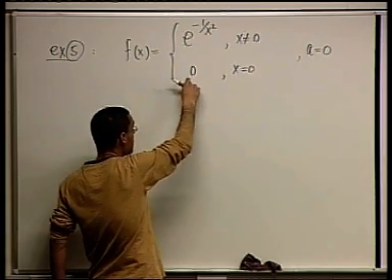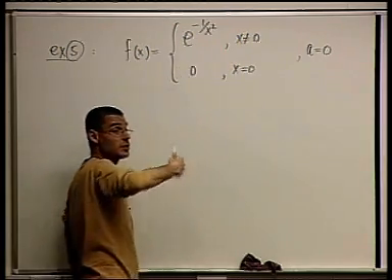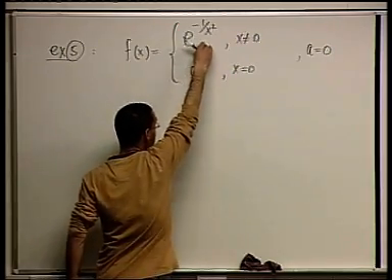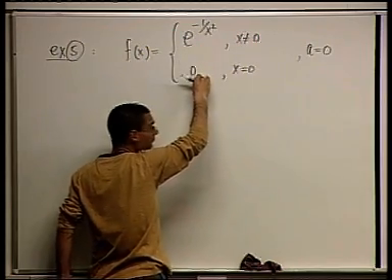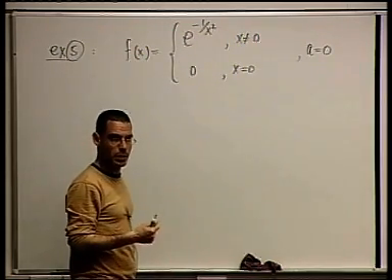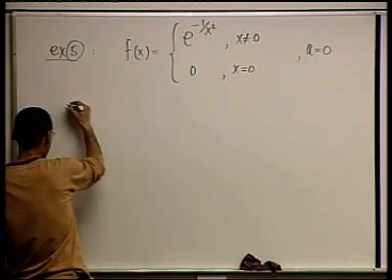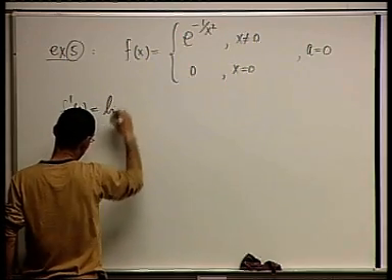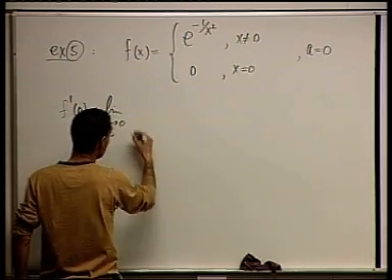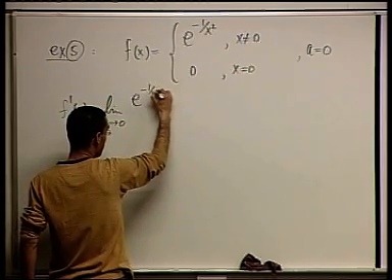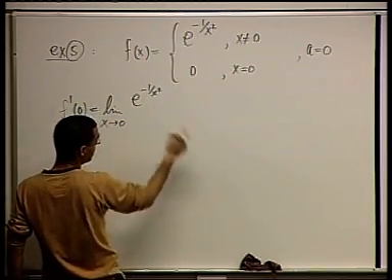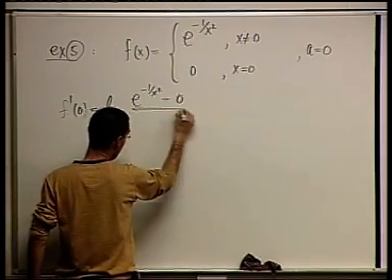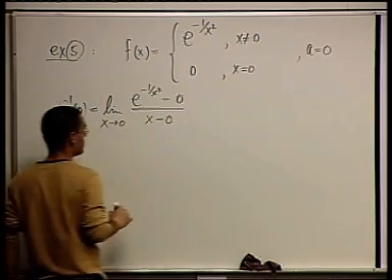You need to take the derivative using the definition of the derivative, which is the limit of f of x minus f of 0 divided by x minus 0. Do you agree? Okay. So f prime at 0 equals the limit as x approaches 0 of f of x, e to the minus 1 over x squared, minus f at 0, which is 0, divided by x minus 0.